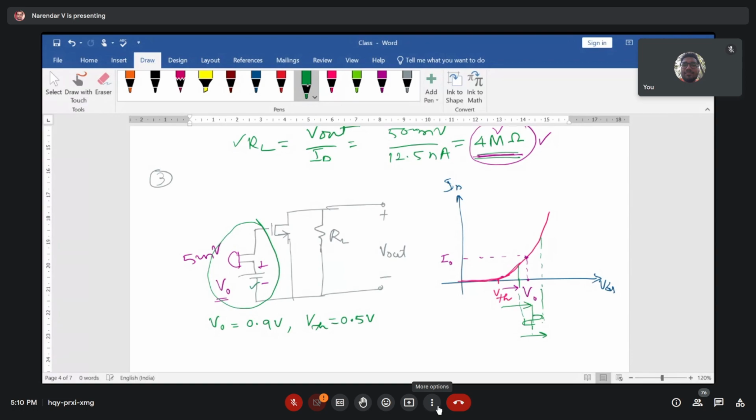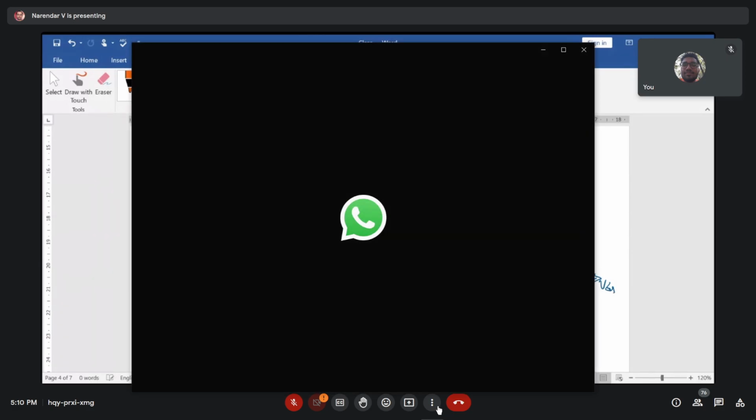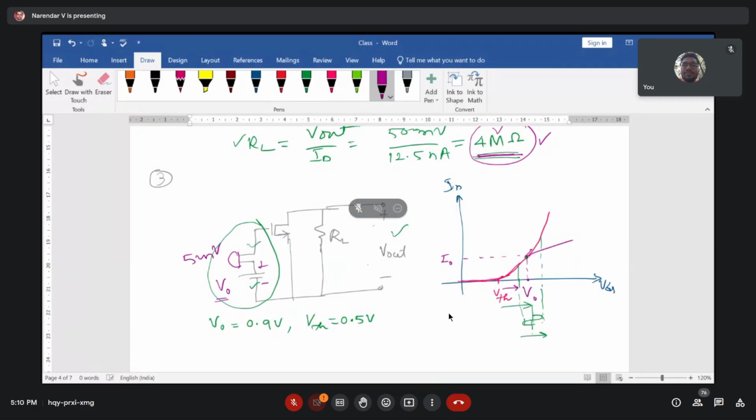The analog signal is sitting on your DC, which is applied to the transistor, and we are trying to amplify this signal, and we want to notice whether it is amplified or not. Okay. And so this is a point which you can call an operating point. Okay.